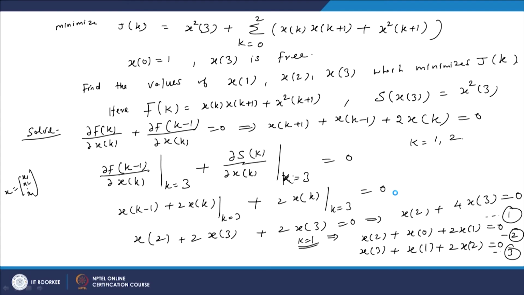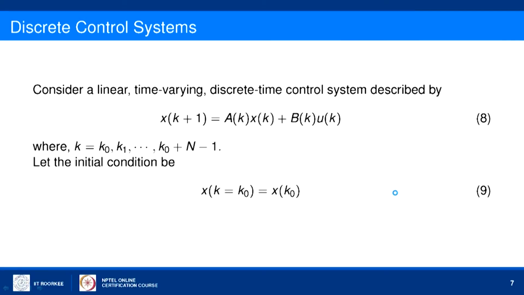The constraint is the discrete control system x of k plus 1 is A of k into x of k plus B of k into u of k, where u is the control function and x of k is the state of the system, and the time instants are k equal to k0, k0 plus 1, up to k0 plus n minus 1.